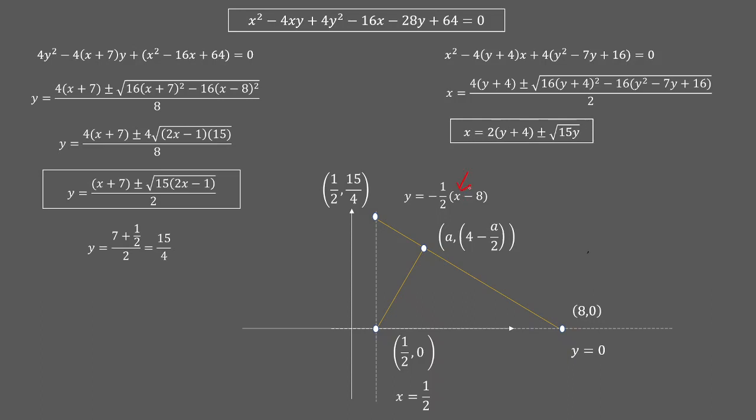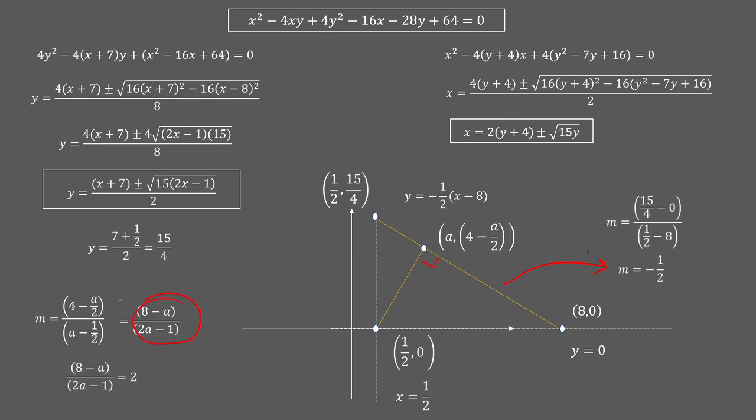If I put x = a, I get y = (4 - a)/2, and then I figure out this slope: ((4 - a)/2 - 0) over (a - 1/2), and then I simplify that. And remember, the slope was minus half, so if they are perpendicular, this slope should be 2, and then I solve for a. Very simple.